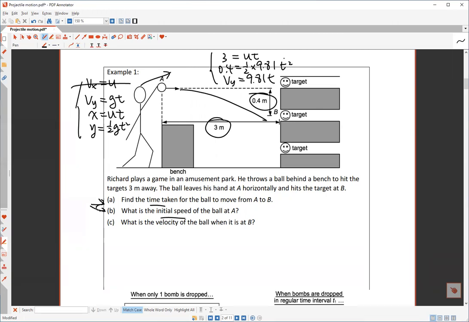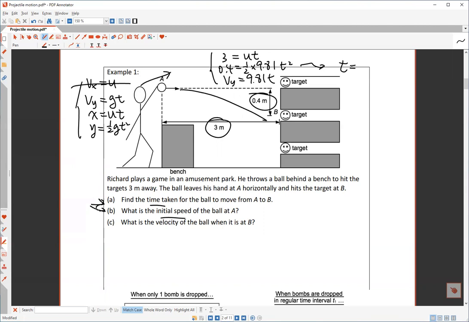So how can you solve the time? I'm not going to use the first one because I don't know u and t. We can't solve anything from that equation first. So we are going to use the second one. I think you can solve the time very easily from this one.